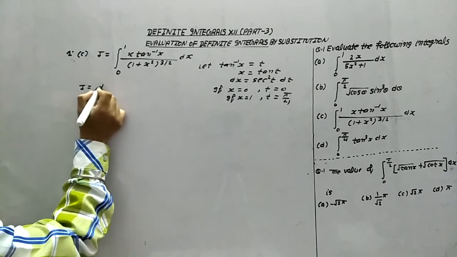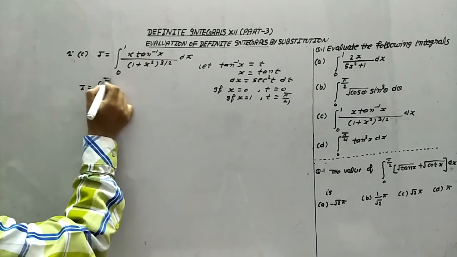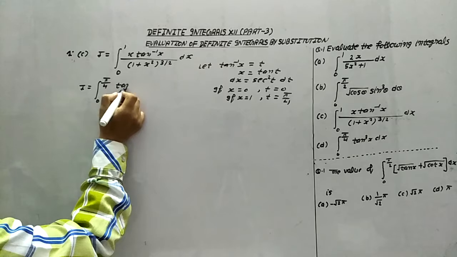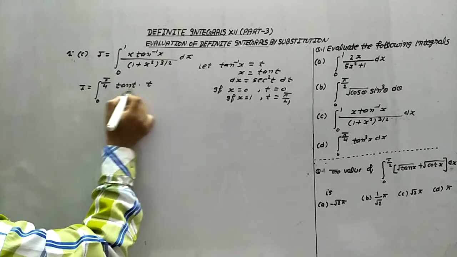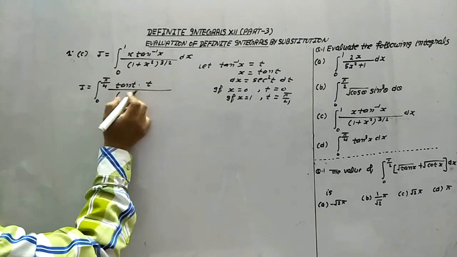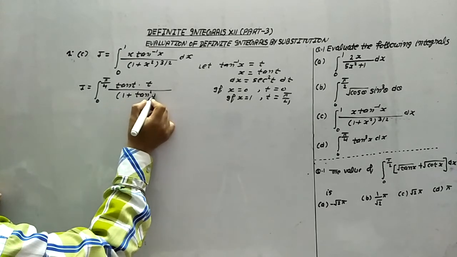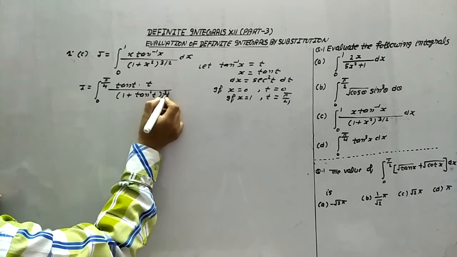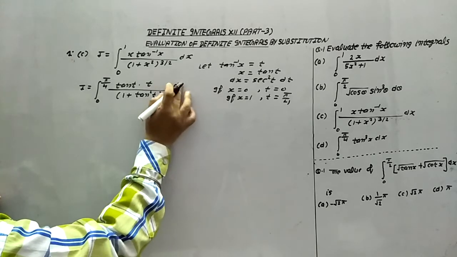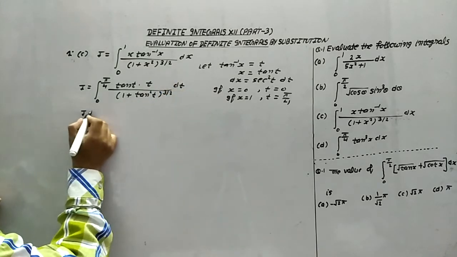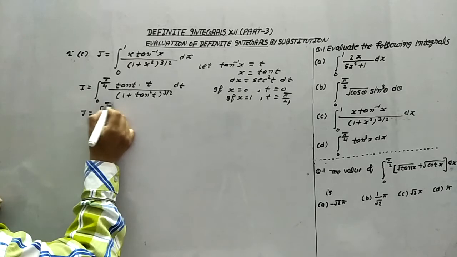Now I is equals to integration 0 to pi by 4, x is tan t into t upon under root 1 plus tan square t, whole to the power 3 by 2, dx dt. It means I is equals to integration 0 to pi by 4.